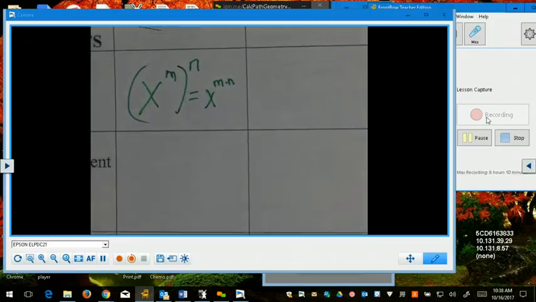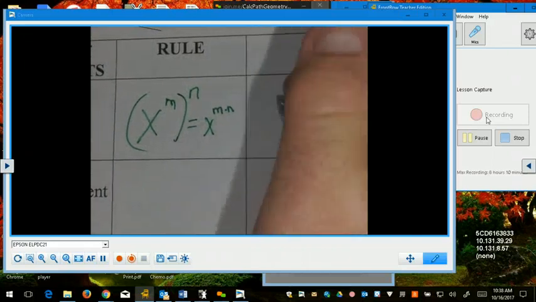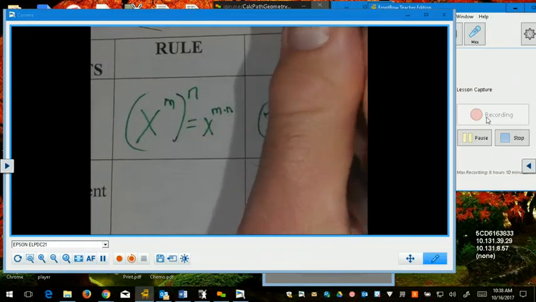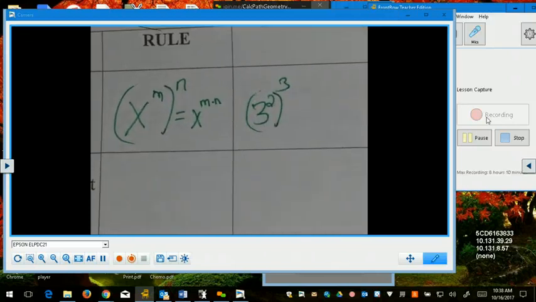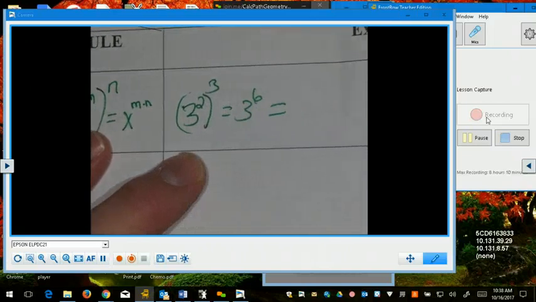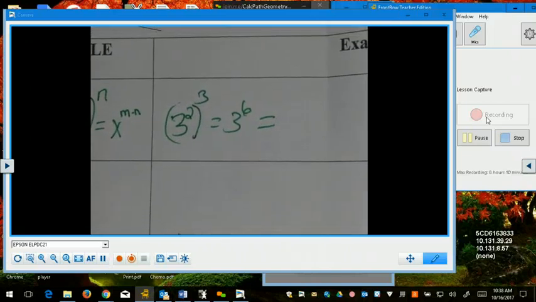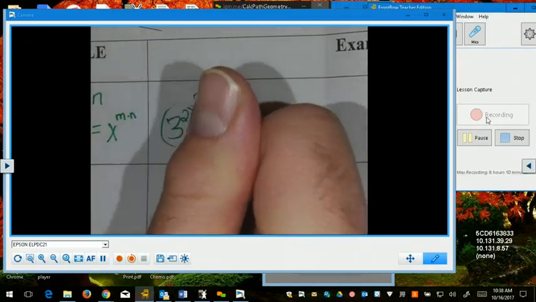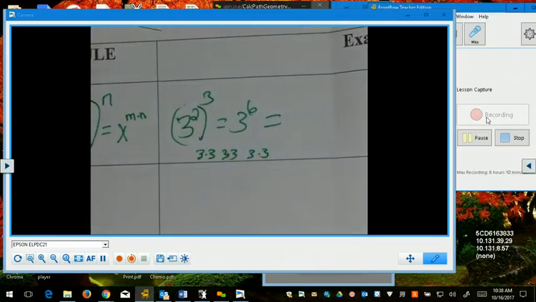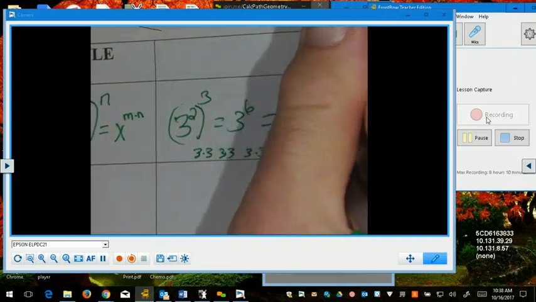So for example, 3 squared raised to the third is equal to 3 to the 6th power, because that would be 3 times 3, 3 times 3, and 3 times 3, 6 factors of 3. And 3 to the 6th is 729.